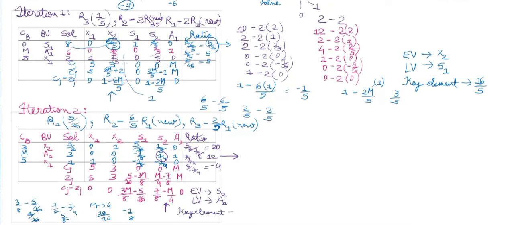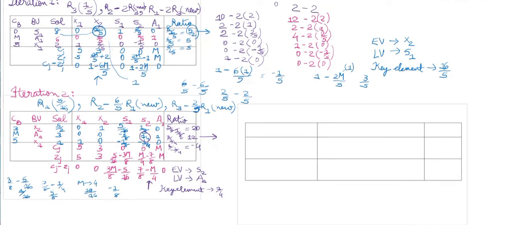Now I'll perform our iteration 3. Same way, we'll make the key element 1. To make it 1, we'll have to multiply the whole row with 4. And now over here, we'll write this as x1, x2, s1 and s2. We won't write A1 because that's our leaving variable.